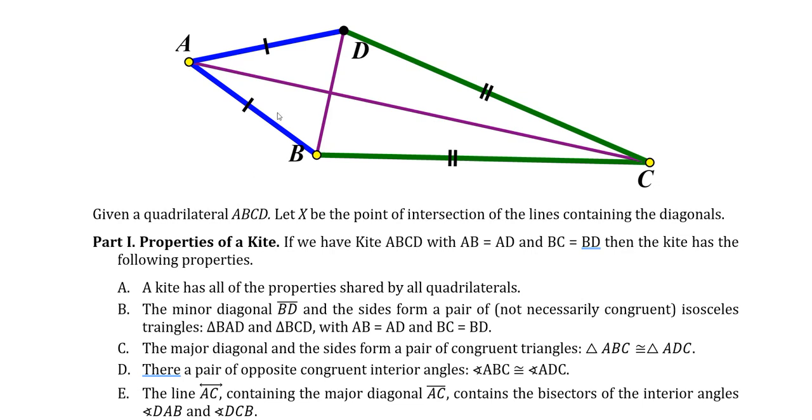The major diagonal and the sides make a pair of congruent triangles, and that's really one of our key things, that triangle ABC is congruent to triangle ADC. By the way, the order you say these things does matter because this is the congruence with a reflection, which is what we have here.